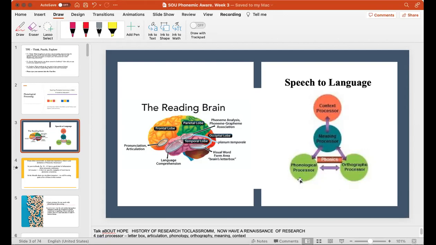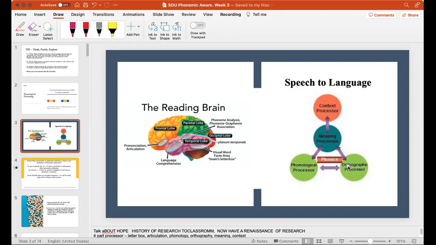We have the phonological processor, which is the sounds and the letters. We have the meaning processor, and that would be the language comprehension. The content processor asks, what is this word in the context that it's being used? And the orthographic is the letters and the sounds. So these are two models of how our brain processes information to learn to read and spell.